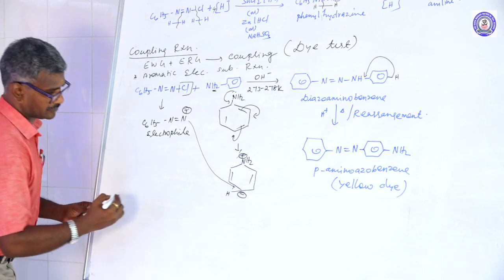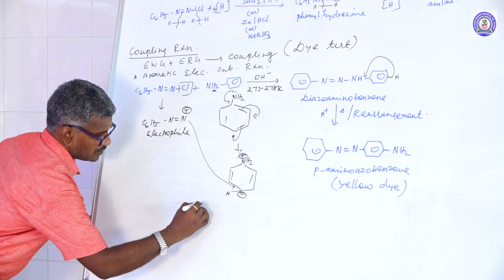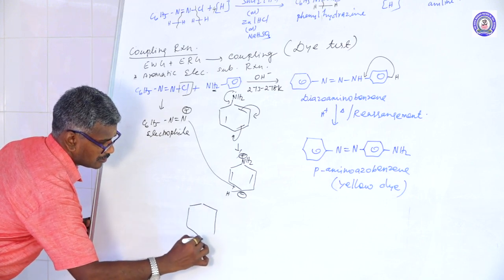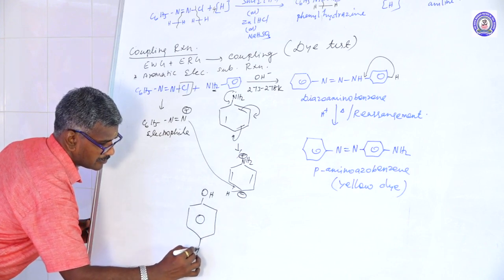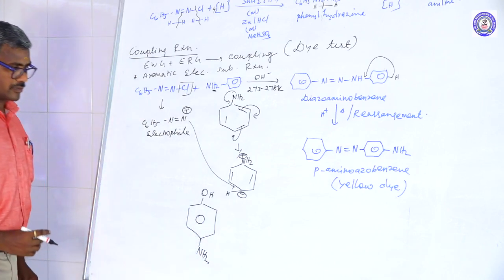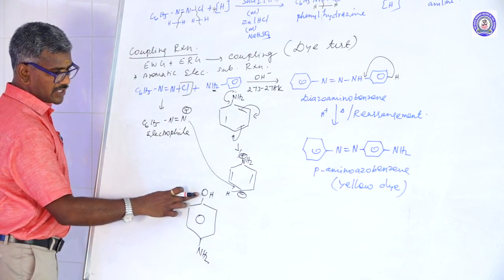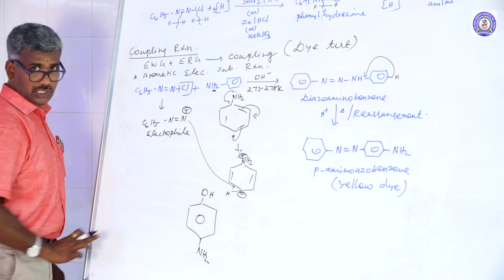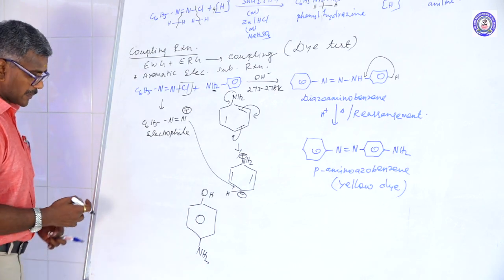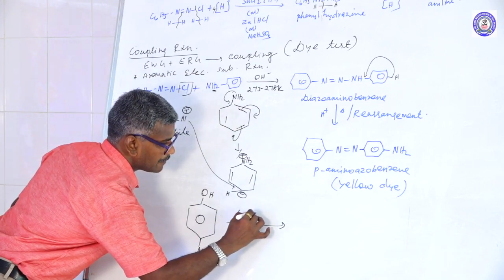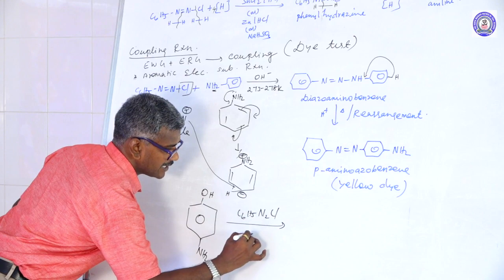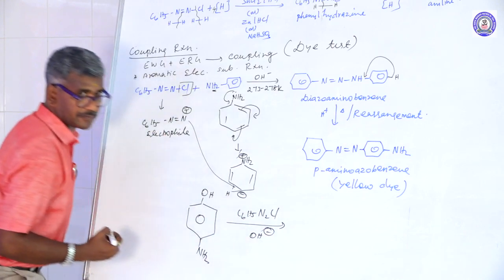Another one: the same compound which contains the OH group and NH2. What different reactions take place? Here, C6H5 N2Cl in the presence of OH minus.